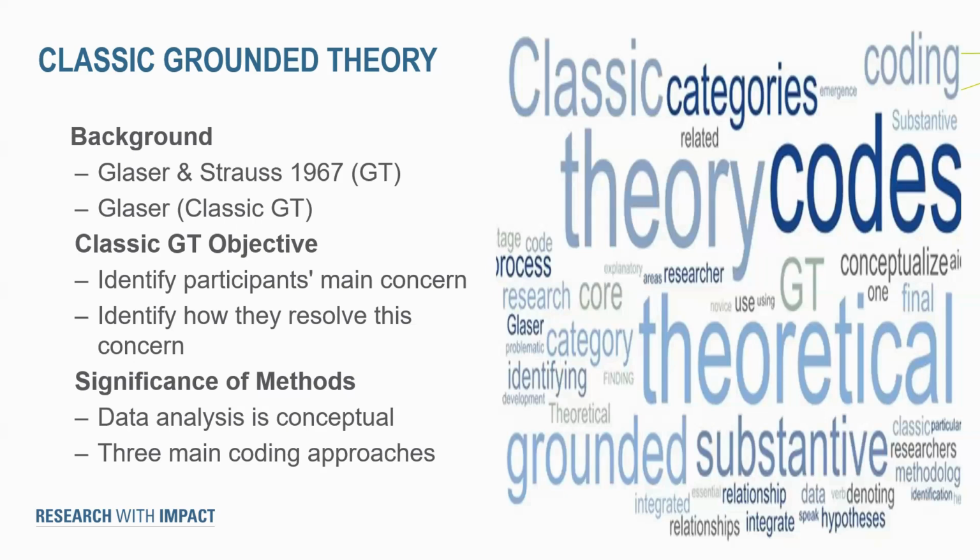To achieve this, data analysis involves progressively raising the conceptual level from raw data to abstract, interconnected ideas. This involves three main coding approaches: open coding, selective coding, and theoretical coding.